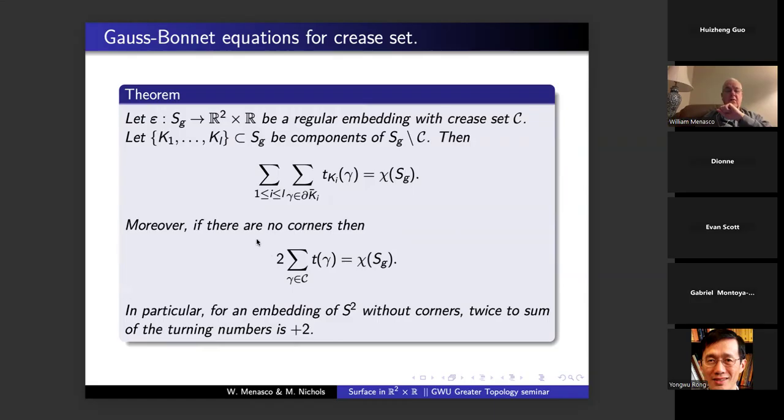If you don't have any corners, you can just add up all the turning numbers of all the curves in the crease set and multiply by 2. And the reason you multiply by 2 is because each component in the crease set is on the boundary of two of these K_i's.